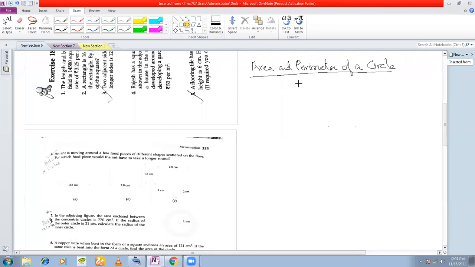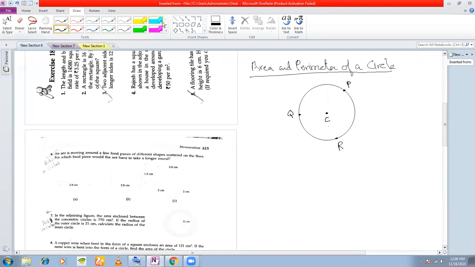If you have a circle and let's say the center of the circle is C, and you take any point on the circle, remember, you can take this point, or this point, or this point, any point on the circle.